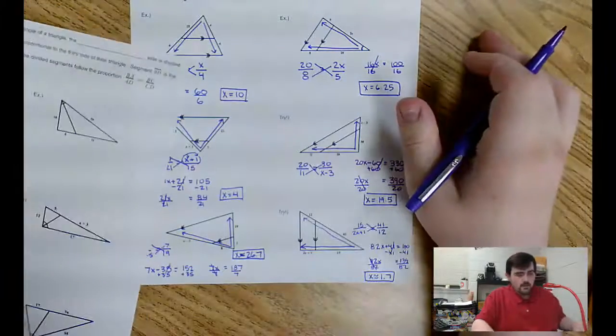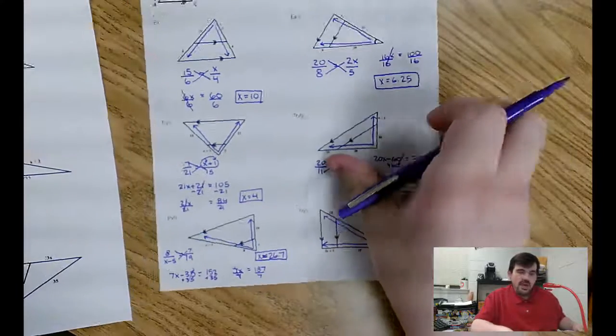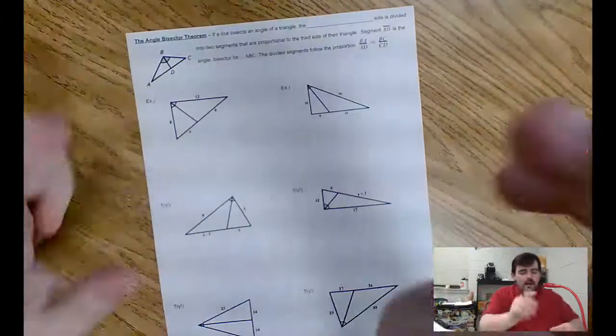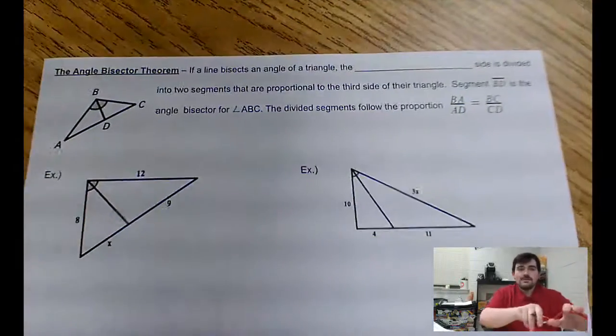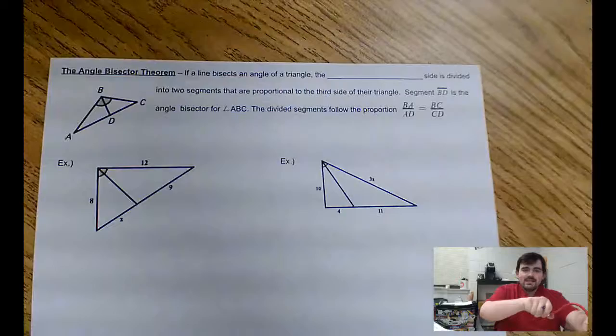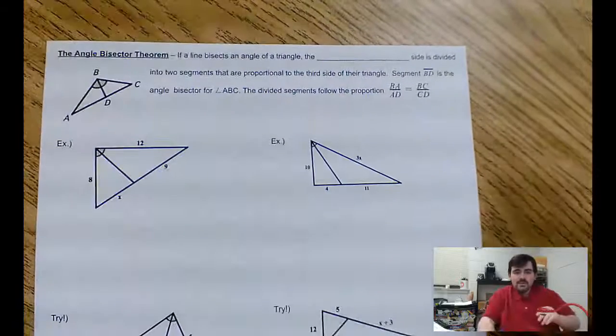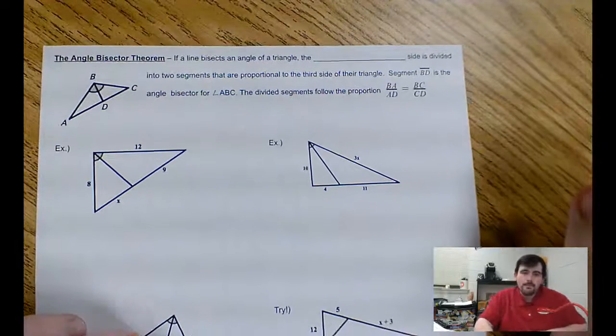It is another proportionality theorem called the angle bisector theorem. Now, we have already talked about angle bisectors themselves, but angle bisectors in triangles also end up with a proportionality theorem.